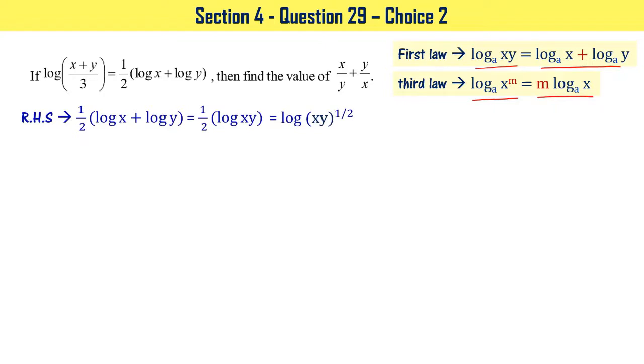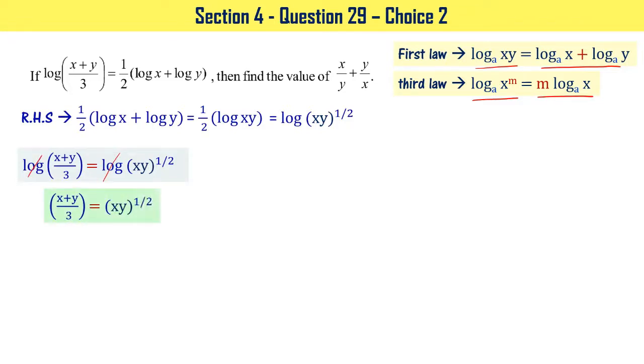Now, since we have simplified the RHS, let's write LHS equal to RHS, that is log of (x plus y) divided by 3 equal to log xy power half. Now I can drop log on both the sides, right? If I drop log on both the sides, I can write it as (x plus y) divided by 3 equal to xy power half, right?